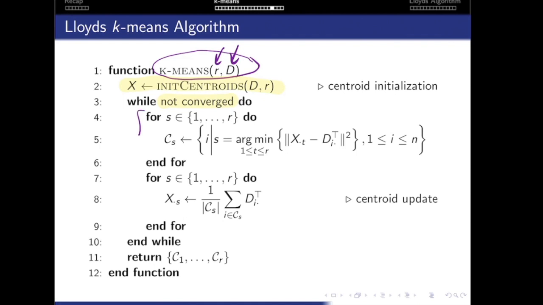This is this step here. In this step, we assign the points to their closest centroid, and then we recompute the centroids. This is the second step. So you see here in the first step that cluster with index S is the points for which centroid XS is closest. Yeah, and then we return what we got, so the clusters we received by this procedure.